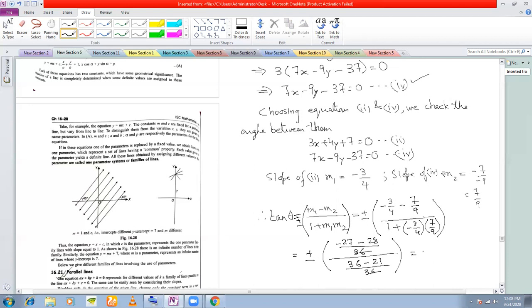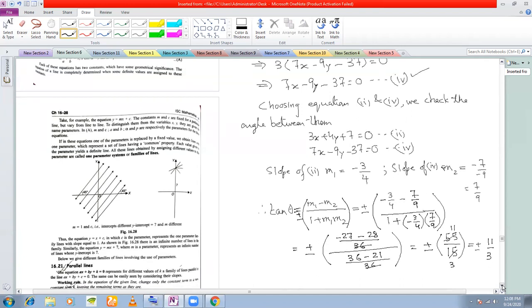The 36 cancels here. So you get plus or minus 55 divided by 36 minus 21, which is 15. You can cancel with 5, which will give you plus or minus 11 by 3.